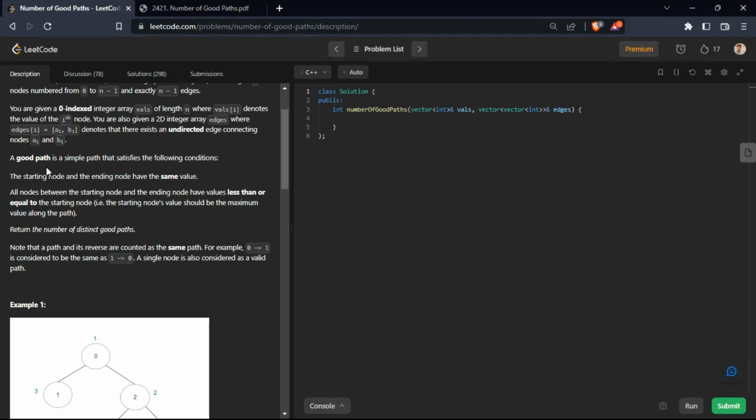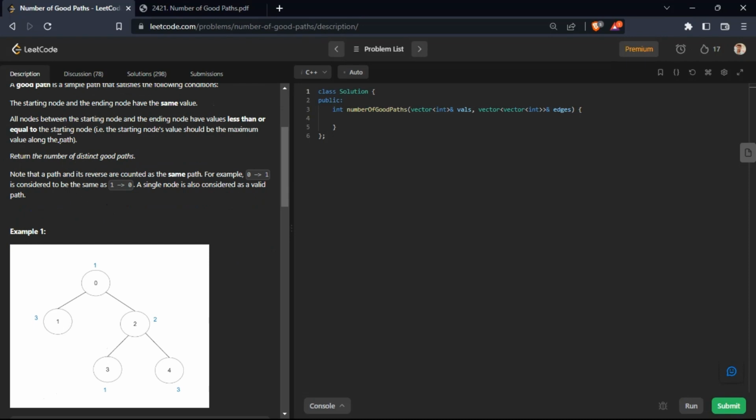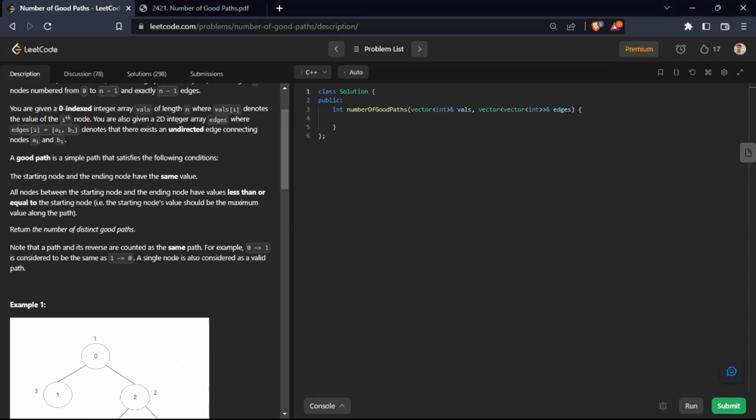We are also given a condition for good paths. In a good path, the starting node and ending node have the same value, and all the nodes in between are less than the starting and ending points. So a path is a good path if its starting and ending values are the same, and the nodes falling in between, other than the starting and ending nodes, are less than them.